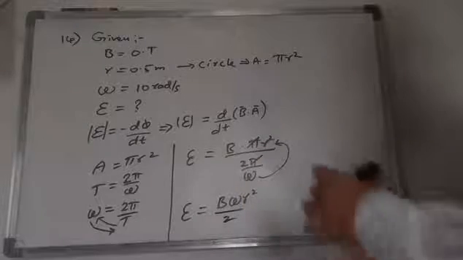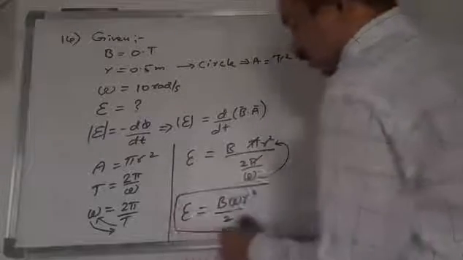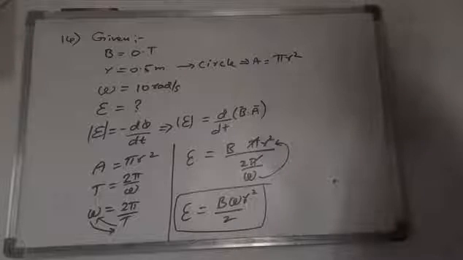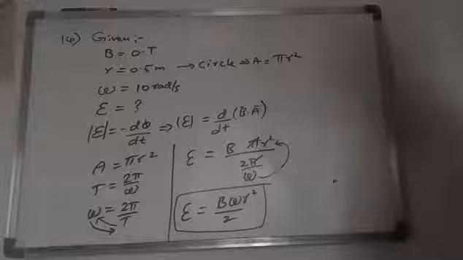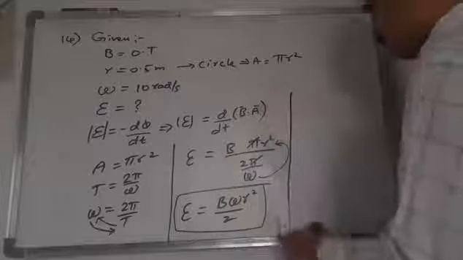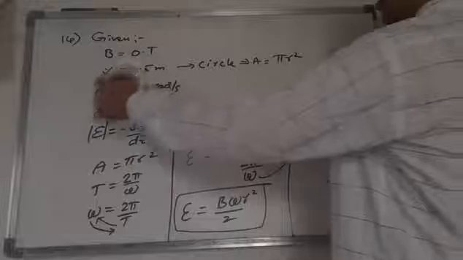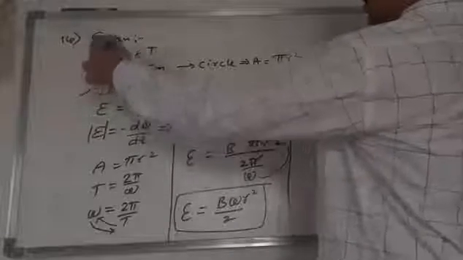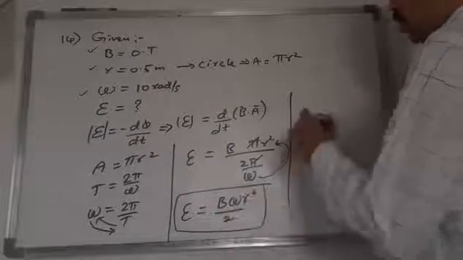So this is our new formula in omega. How to calculate the E value in terms of omega: we can take E is equal to B omega r square by 2. Now substitute all the values. You know omega, you know r, you know B, right? These three values you substitute here, you will get E.